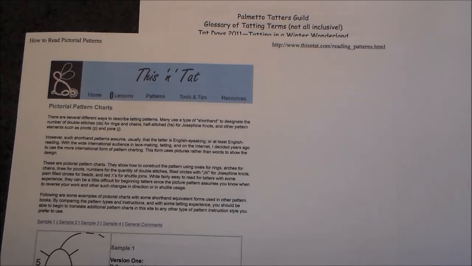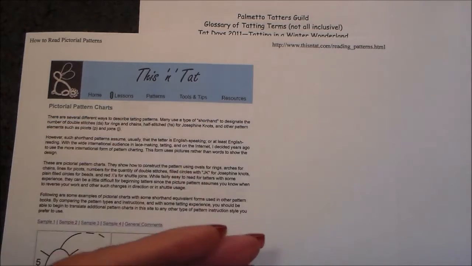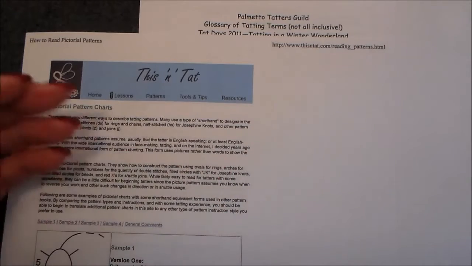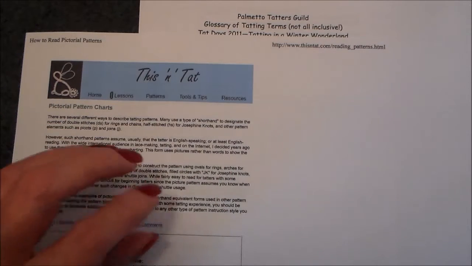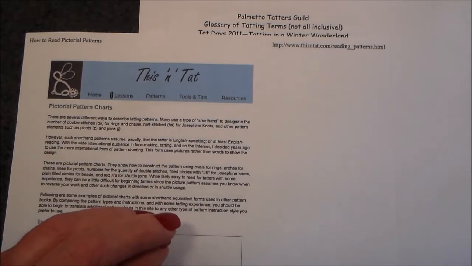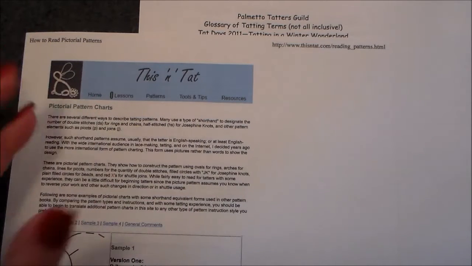Tatting is not like crochet and knitting. It does not have a designated systematic way of saying what to do. Whereas with crochet, it'll say a double crochet 3 times. With tatting, it'll say a ring, 3 picots separated by 2 double stitches, for instance.